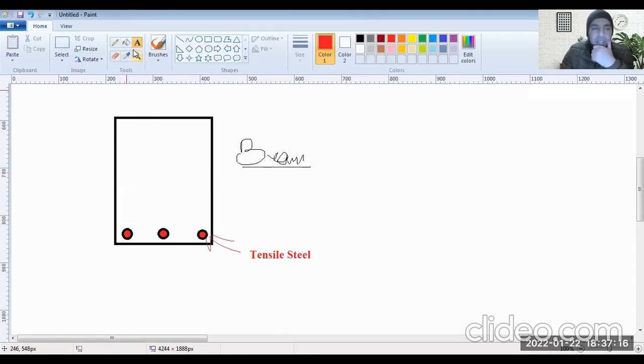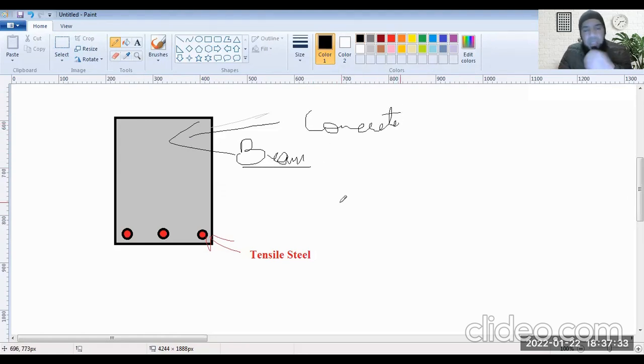And the rest of this, let me mark it gray, is all concrete, including on the compression side.